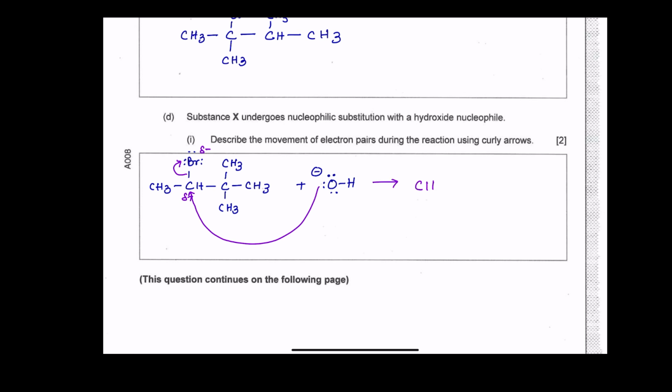As a result, finally, this will be your product, and this will have a Br minus sign. Done.